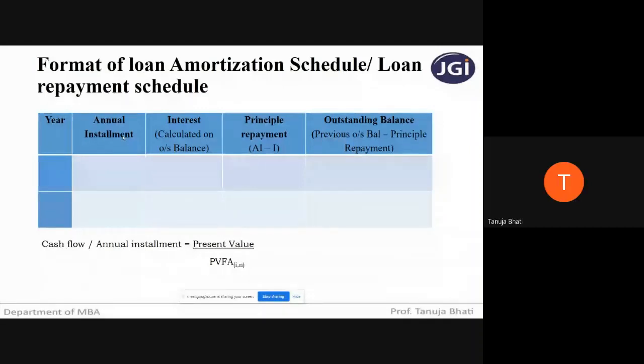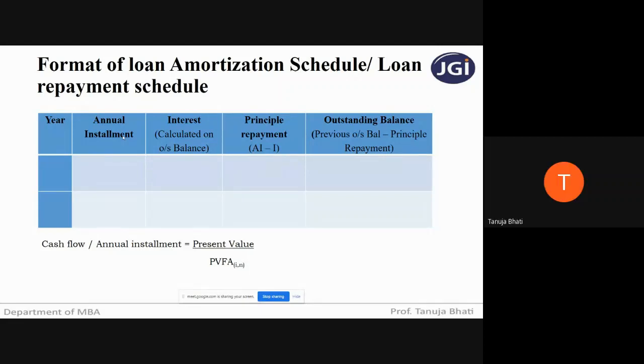And this annual installment has two portions or two parts in it. What are the two parts? Interest and principal. Very good. So when you pay the bank the annual installment, what is the first element it will remove from that? Whether principal it will remove first or interest? Interest. Very good.